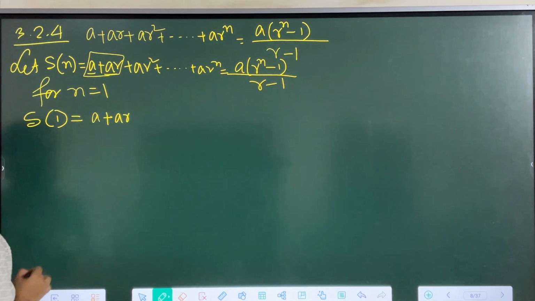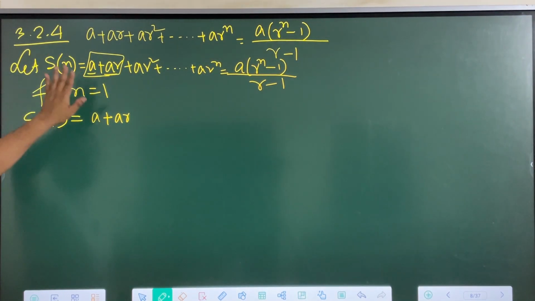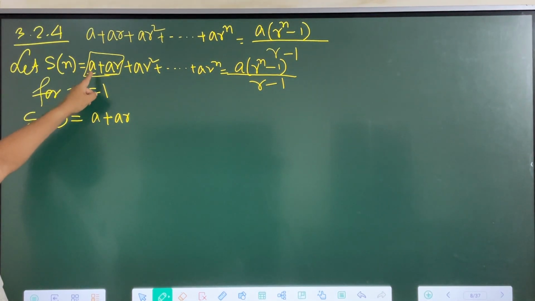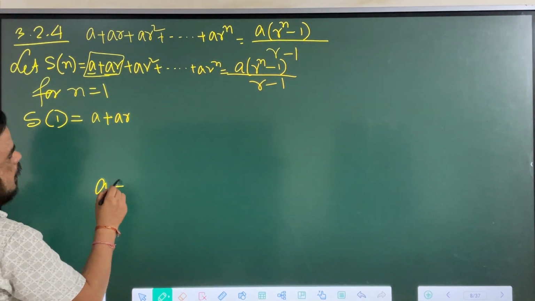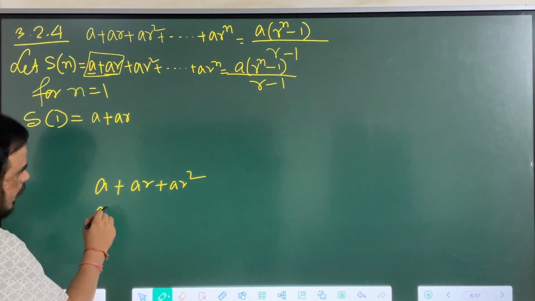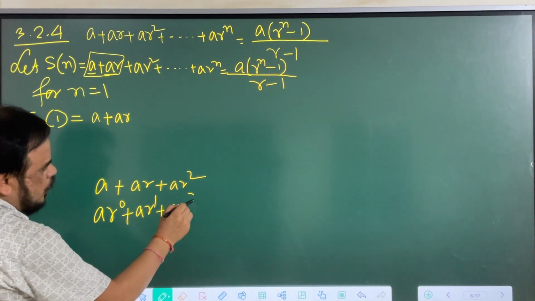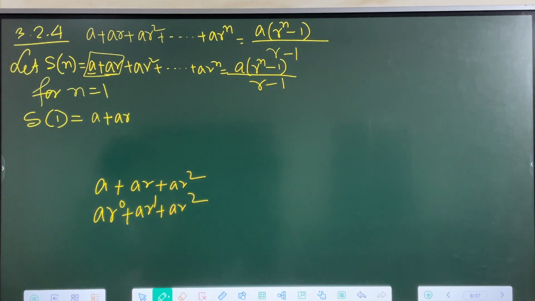Why first term A plus AR? In all the previous examples we took the first term at n equals 1 and did the calculation for the first term only. But here we are taking A plus AR both. Why? A plus AR plus AR square. How can we write AR0, AR1, AR2? So this is what we will write.